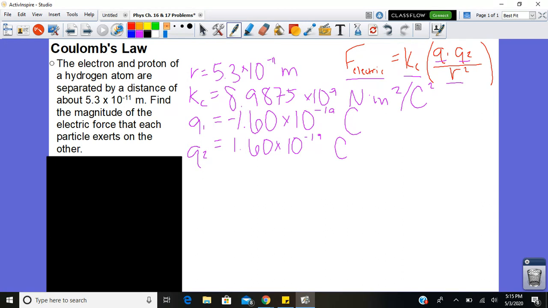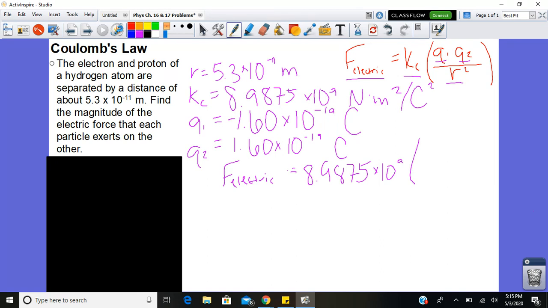So now I should be able to plug everything into my equation. So my electric force is equal to 8.9875 times 10 to the ninth times my first charge.